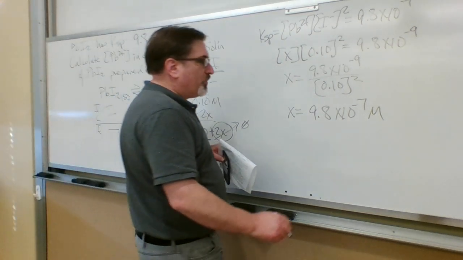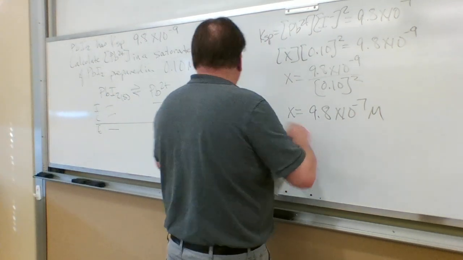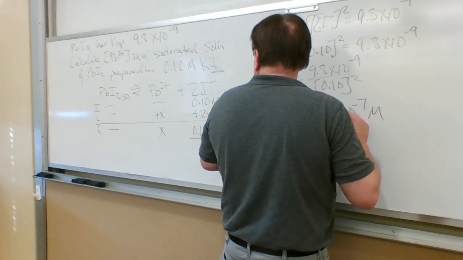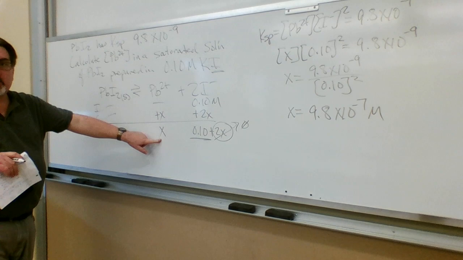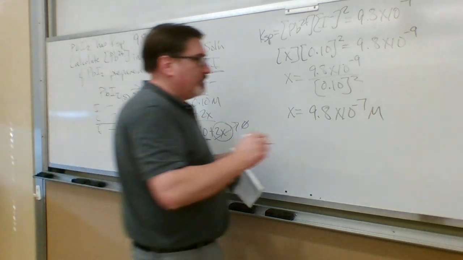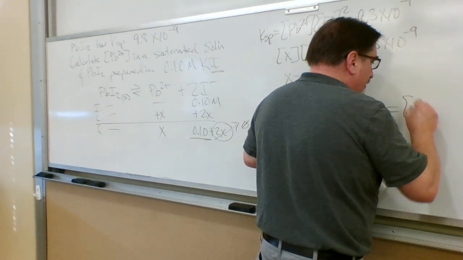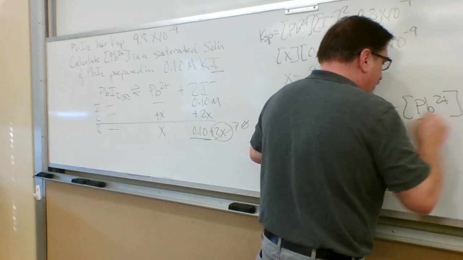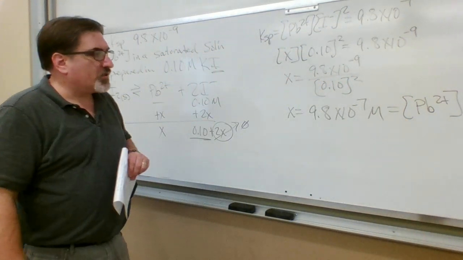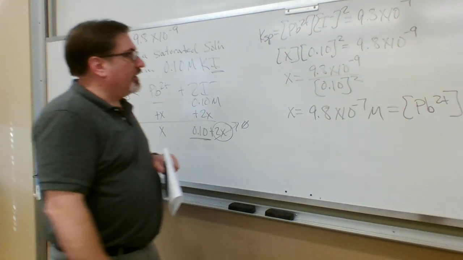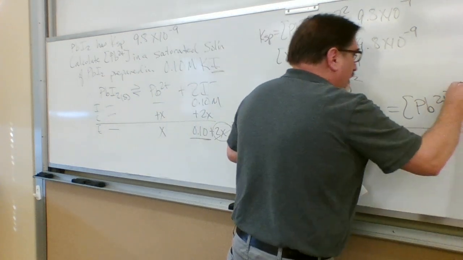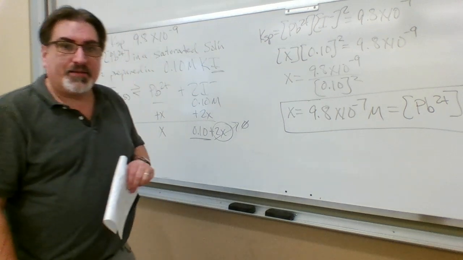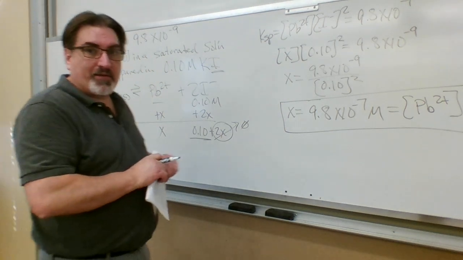So our value of 9.8 times 10 to the minus 7, that is the molar concentration of Pb2+, because Pb2+ is x. So this happens to be our answer. So that's the molar solubility of Pb2+ from lead(II) iodide in the presence of the common ion.